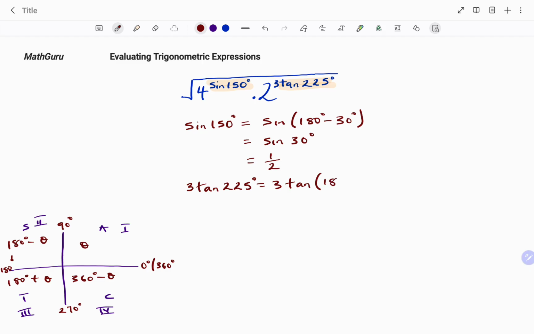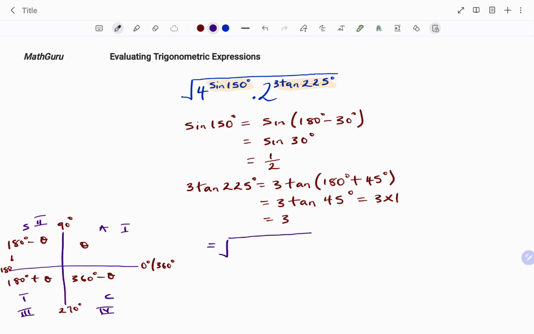So that will be 180 plus, I need an angle that, if I add to 180, will give me 225 degrees, and that is 45 degrees. So that's going to be 3 tan 45 degrees, since tan is positive in the third quadrant. Then tan 45 degrees is 1, so that's 3 times 1, and my final answer for that will be 3.